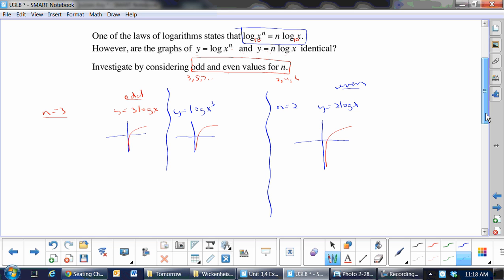Now, put in y equals log x squared. To get the same graph.